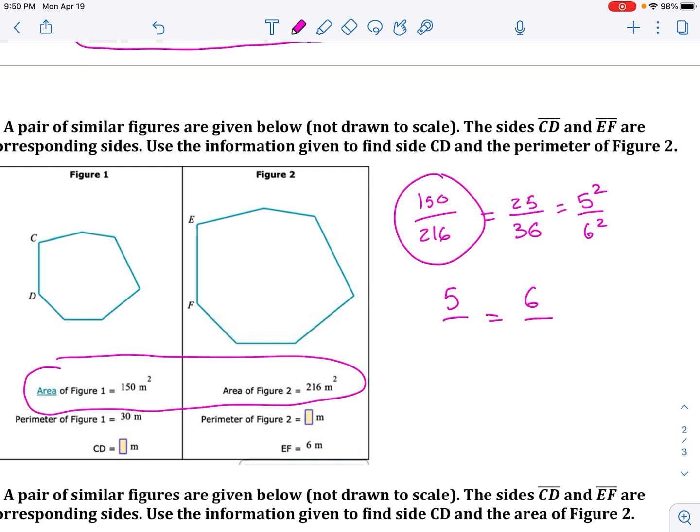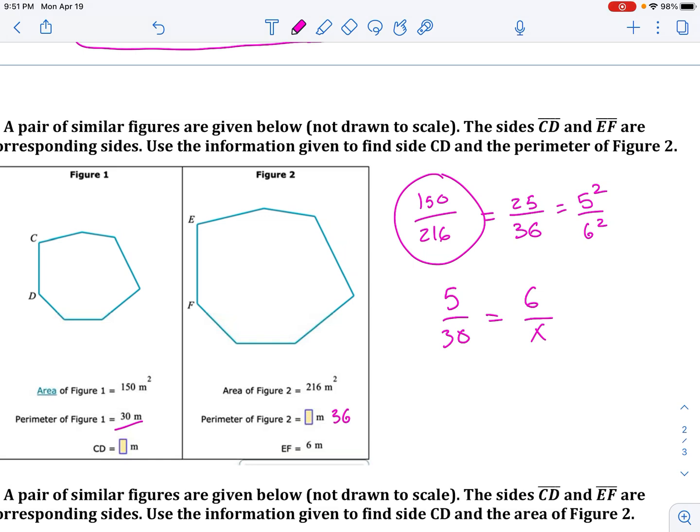And then if I wanted to find, let's do the perimeter first. If I wanted the perimeter, we've got the perimeter of figure 1 as 30. And there we go. So 6 times 30 divided by 5 would be my cross multiplication. Which is 36.